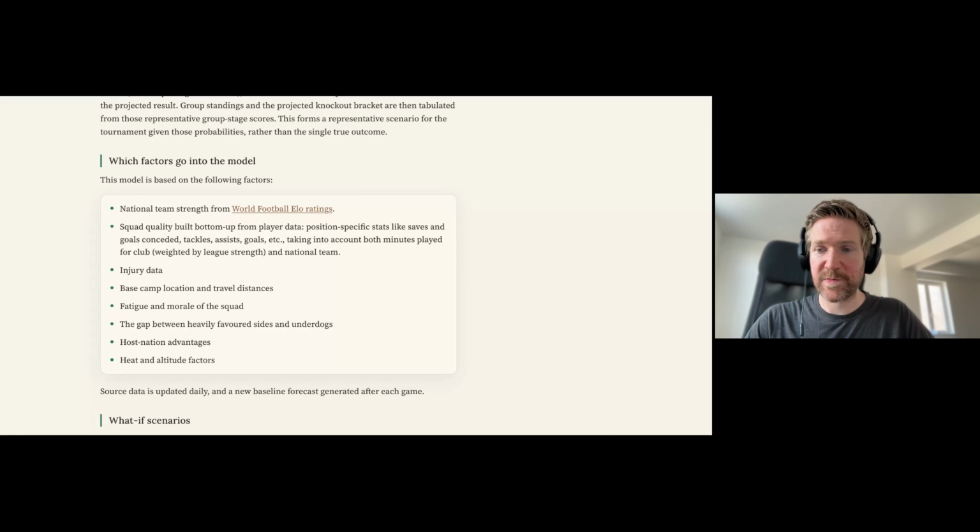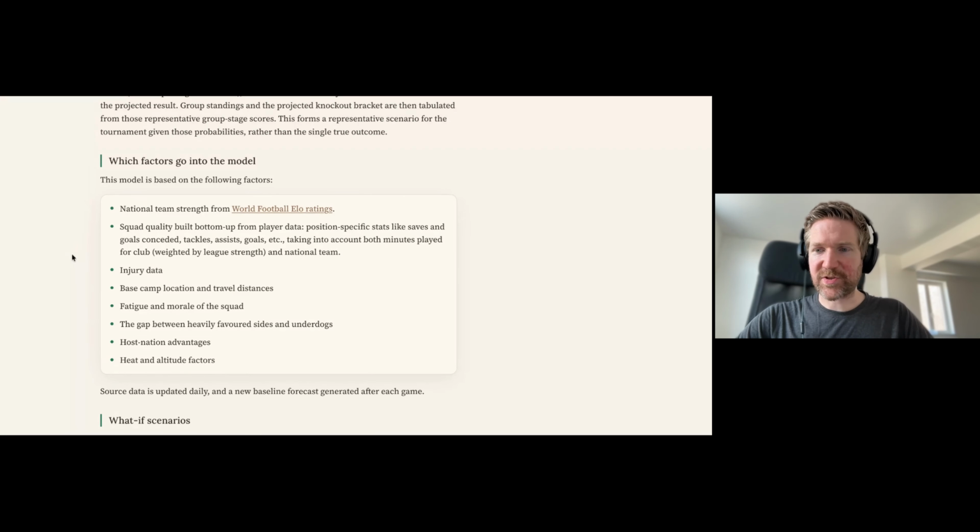So teams, especially later in the World Cup, who are not conditioned for that, might get a performance penalty. We also see the host nation, of course, has a big advantage because they get a lot of local support and want to shine, so that affects it. And we take into account heat and altitude.